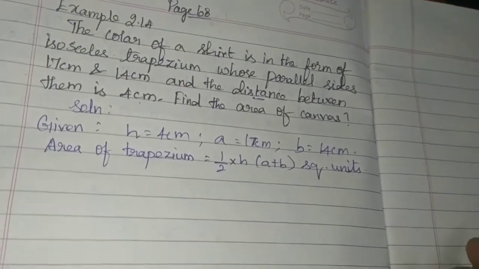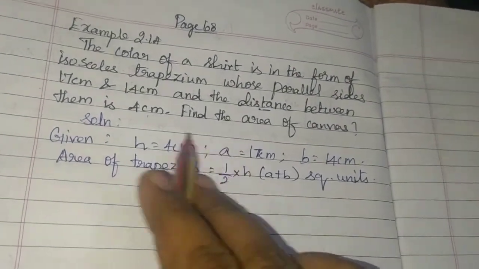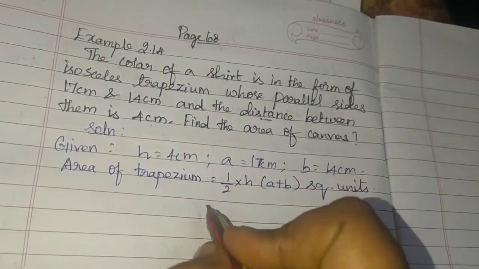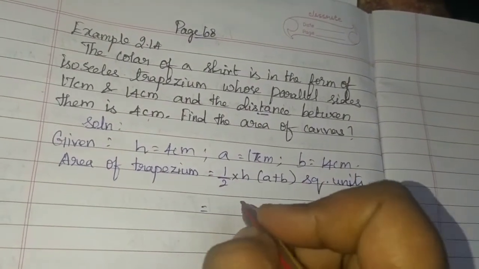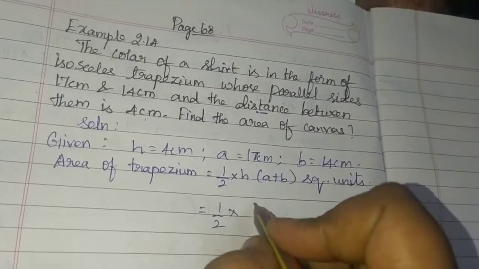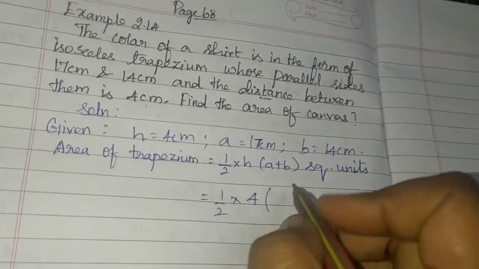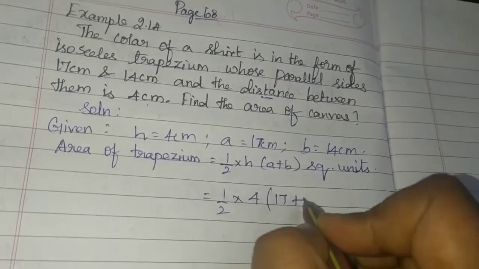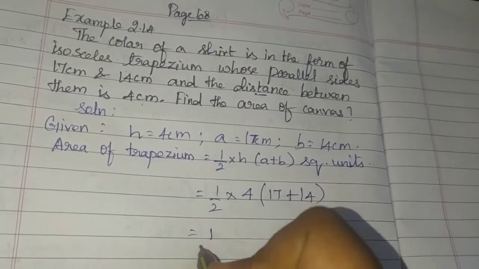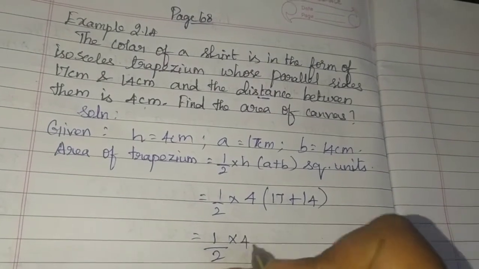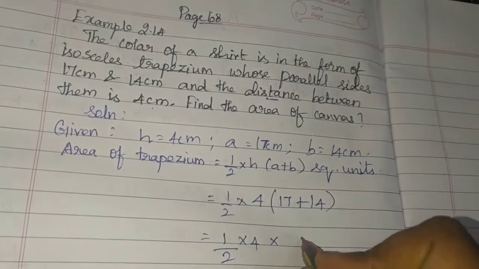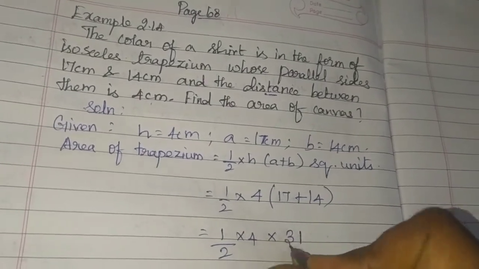Children, we want to find the area. So area of trapezium equal to half into h into a plus b square unit. So half into h value is 4 centimeter and then a value is 17 centimeter, b value is 14 centimeter. So we want to add this. 17 plus 14, 7 plus 4 is 11, carry 1, so 31 we will get.